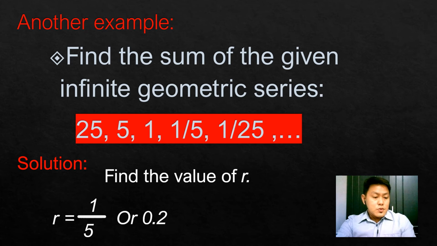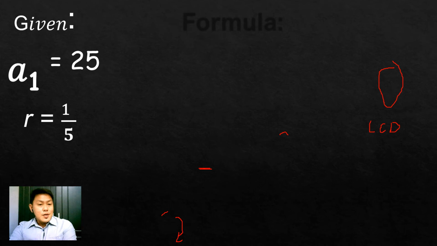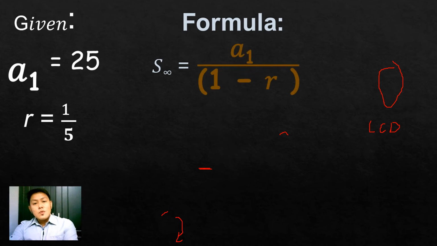Or you can also use the decimal form of 1 over 5, which is 0.2. Now, since the value of our r is 1 over 5 or 0.2, and the first term is 25, we use the formula to find the sum of the terms of that infinite geometric sequence: a sub 1 divided by 1 minus r.